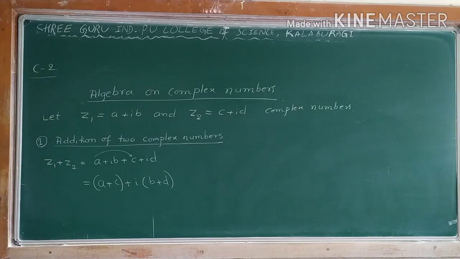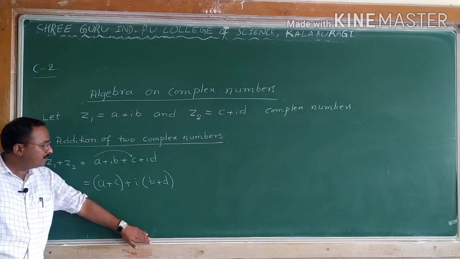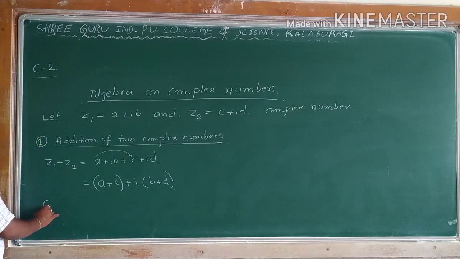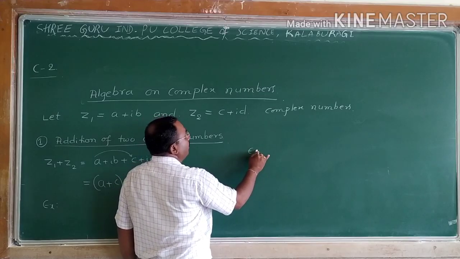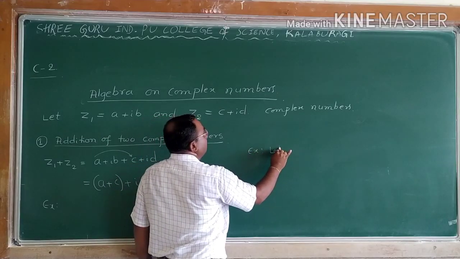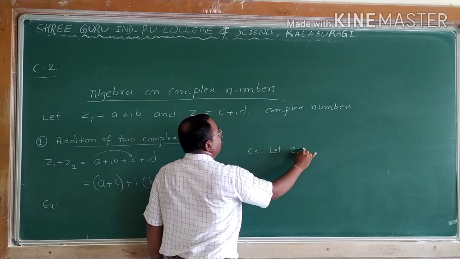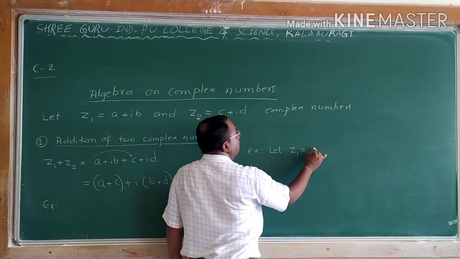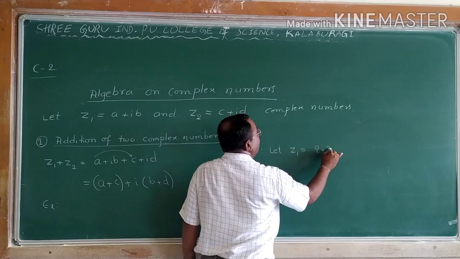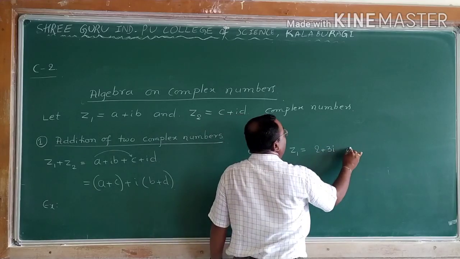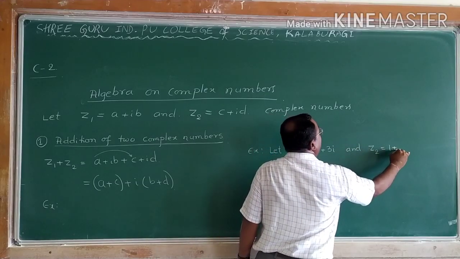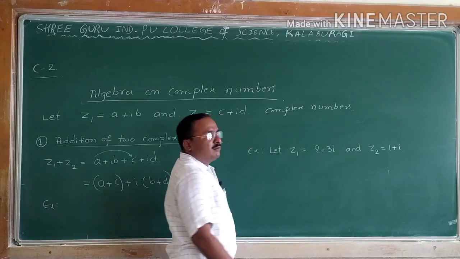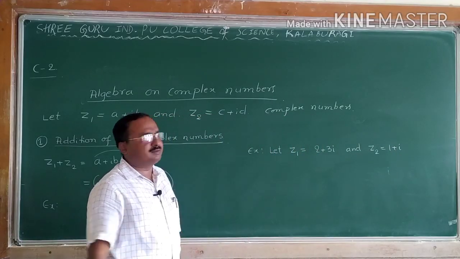Addition. Example, suppose let us take two complex numbers, z1 is equal to 2 plus 3i, and another one, z2 is equal to 1 plus i. Any complex, 2 plus 3i, 4 plus 3i, whatever, two complex numbers.